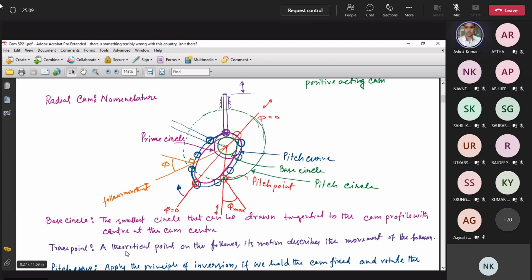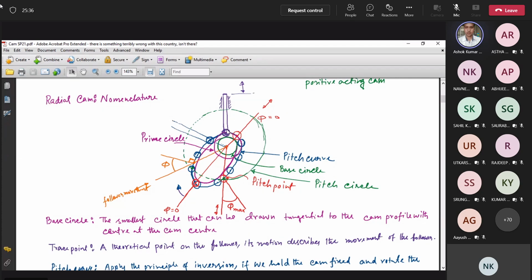Now we'll go to the next definition, which is called trace point. Trace point is actually a theoretical point. This point is on the follower. Its motion describes the movement of the follower. In this particular case, if it is a knife edge follower, then the contact point is the trace point.